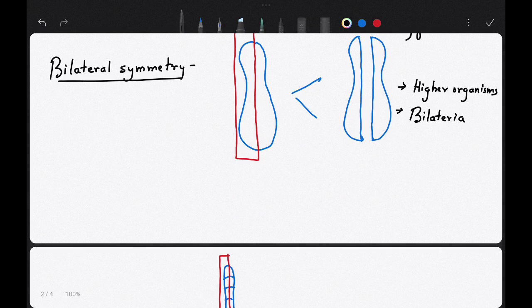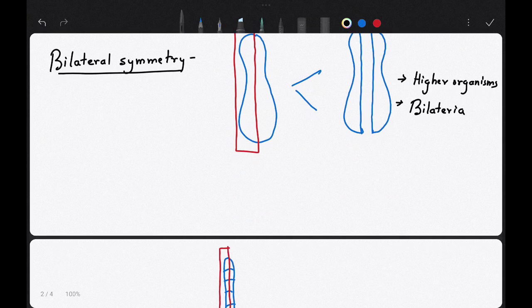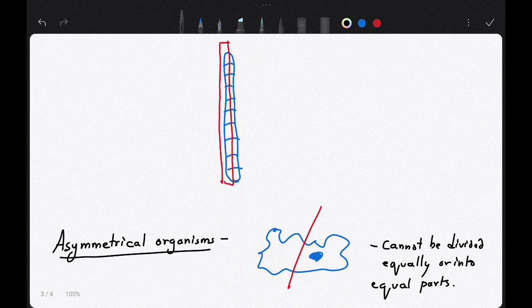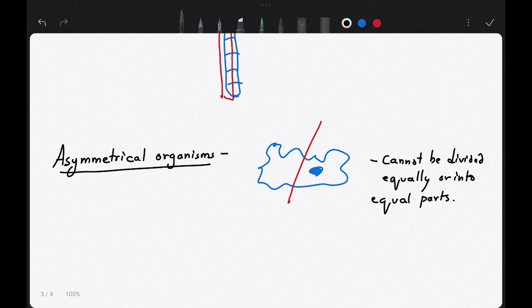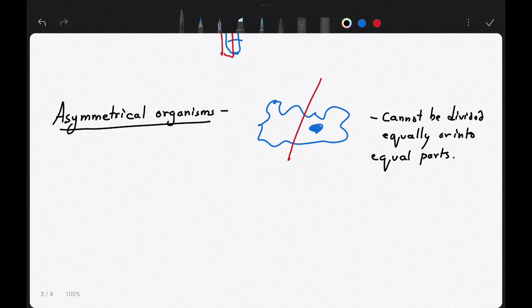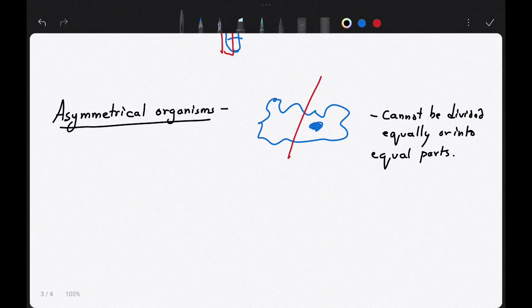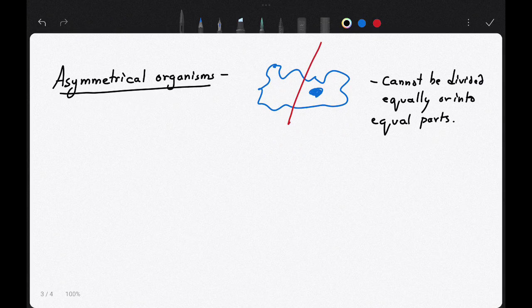The left and right halves look almost similar. And asymmetrical organisms cannot be divided into equal parts. This is found in lower organisms like amoeba. It is also found in porifera. Asymmetrical organisms are porifera, amoeba, protozoans. Many protozoans are asymmetrical in nature. I hope this much is clear.